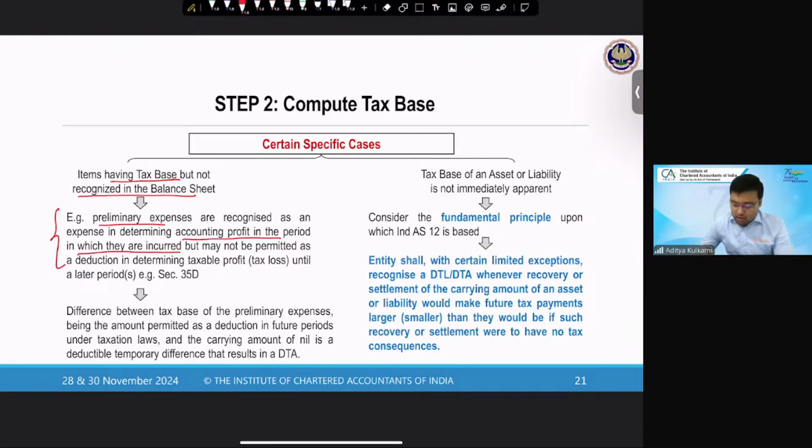The difference between the tax base and the carrying amount is a deductible temporary difference that results in a DTA. Obviously, you have claimed the expenses for accounting, but will you get it as a deduction? Answer is no. So your treatment goes something like this.